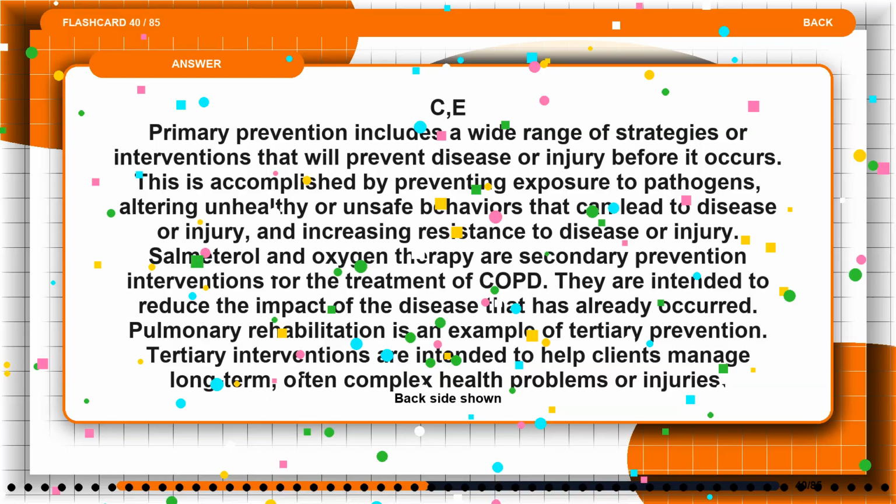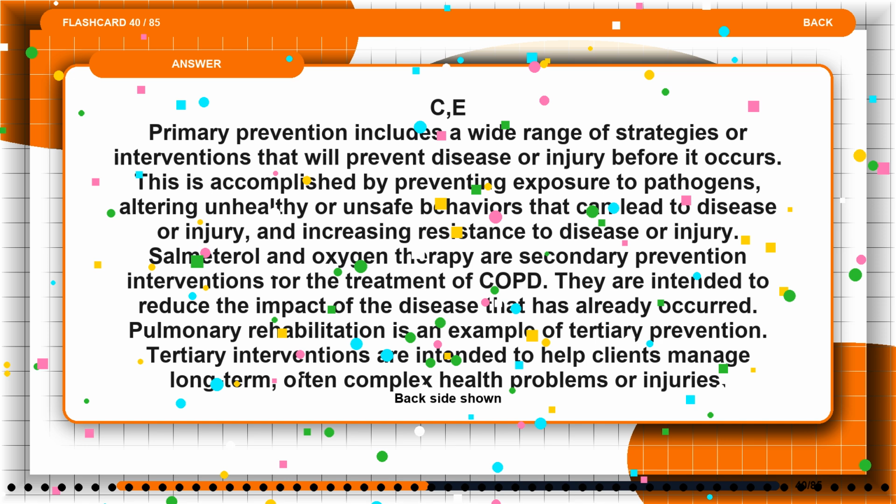The answer is C and E. Primary prevention includes a wide range of strategies or interventions that will prevent disease or injury before it occurs. This is accomplished by preventing exposure to pathogens, altering unhealthy or unsafe behaviors that can lead to disease or injury, and increasing resistance to disease or injury.